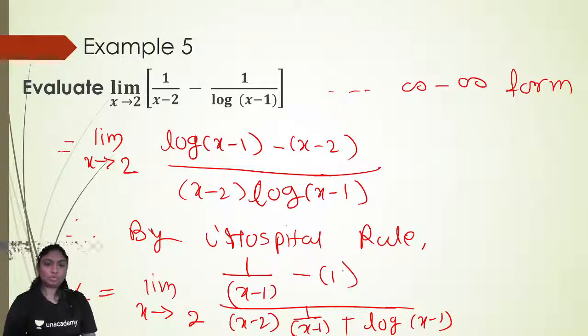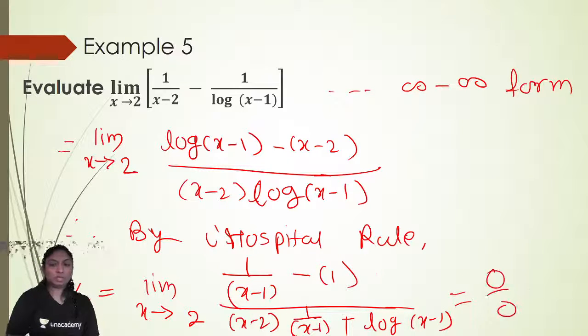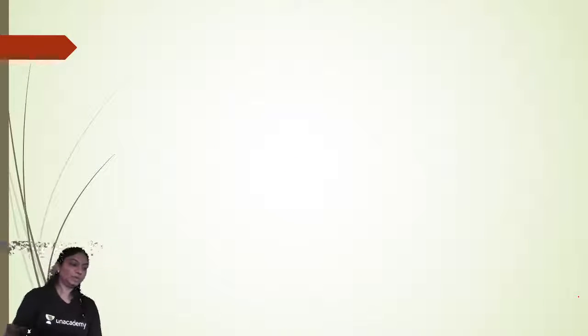We get 1 upon 1 minus 1, which is 0, and the denominator is 0 too, so 0 upon 0 form. Okay. So again we take L'Hospital's rule.